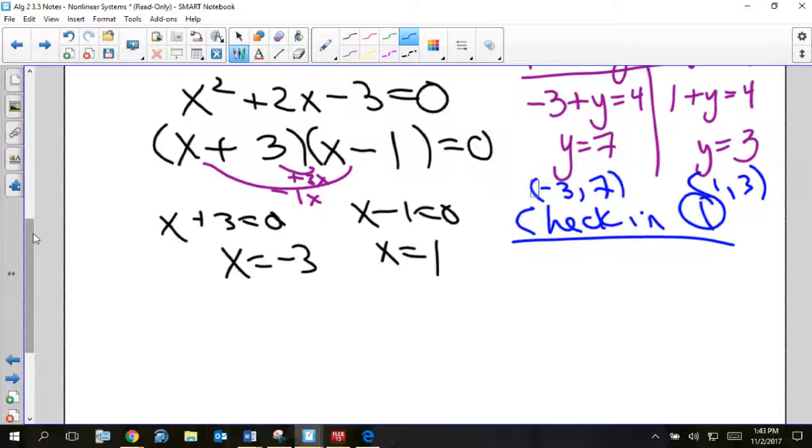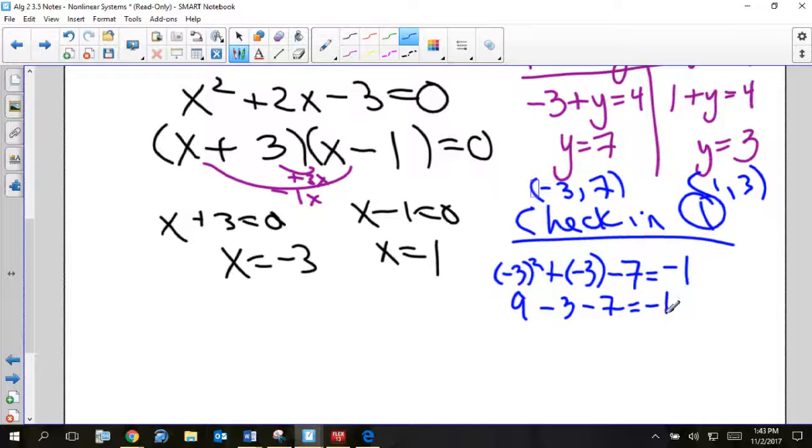X squared is negative 3 squared plus x negative 3 minus y 7 equals, what, remember? Negative 1? Yeah. Okay. So I've got 9 minus 3 minus 7 equals negative 1, so that's negative 10, or 9 minus 10. Yes, that equals negative 1.